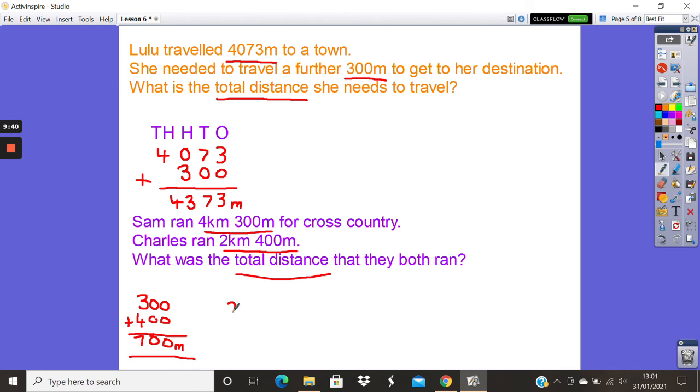So we've got 2 add 4 equals 6 kilometres. Okay, so you've got 6 kilometres, and then we're going to put the metres on the end of that. So in total, the distance they both ran was 6 kilometres and 700 metres.